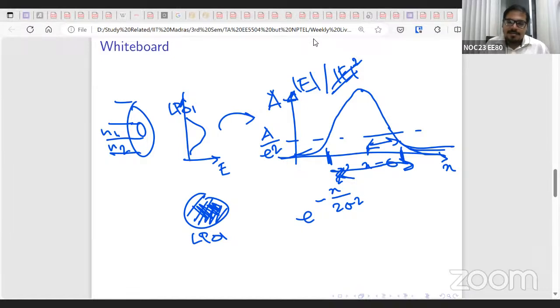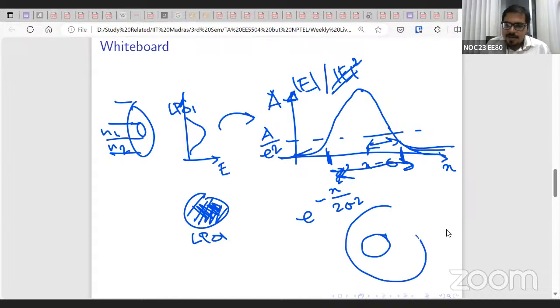A is this, so if A is the core radius... I'm again confused about radius and diameter. Okay, so I'll find it from the reference book, or I'll check and post in the group.